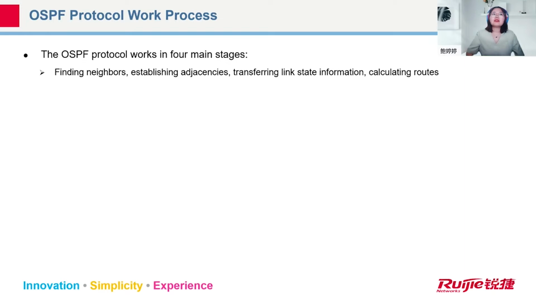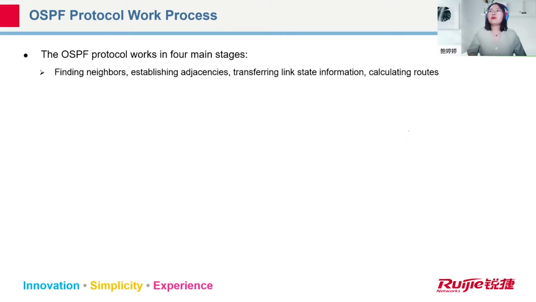And then let's see what the work process of OSPF is. The main stages of OSPF: the first step is to find the neighbor relationship. We will send out some OSPF messages, and these messages we call hello packets. After we find the neighbor, we want to establish the adjacency relationship. Pay attention, the neighbor relationship and the adjacency relationship are different.